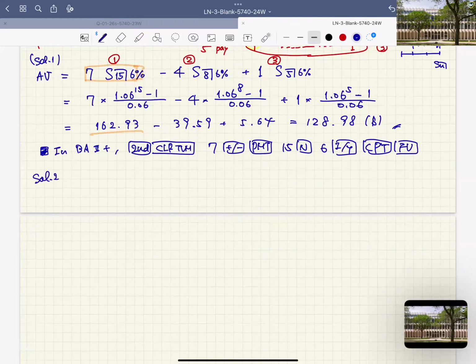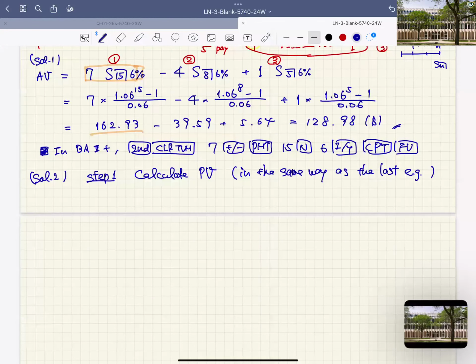Yeah, and solution 2 is just in the same way as to calculate present value. So step 1, calculate present value in the same way as the last example. Then step 2, calculate accumulated value.